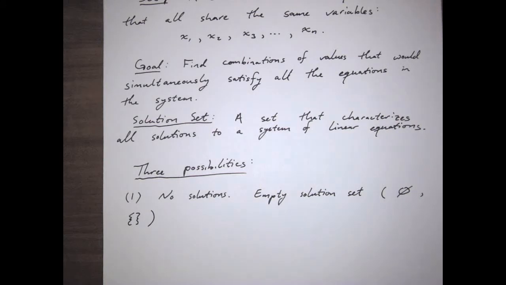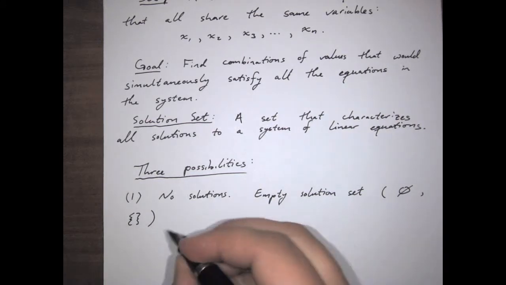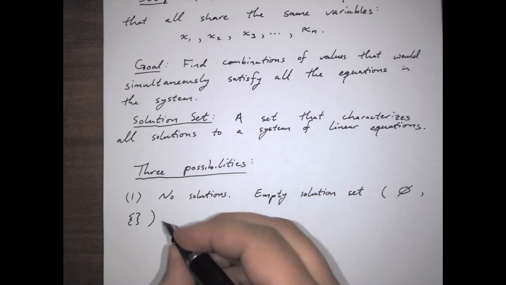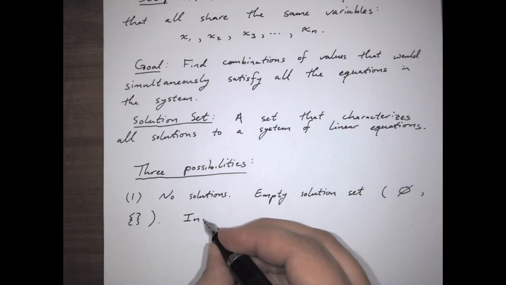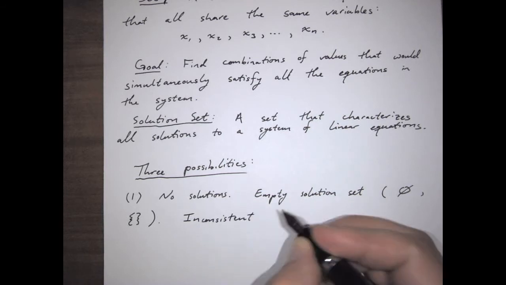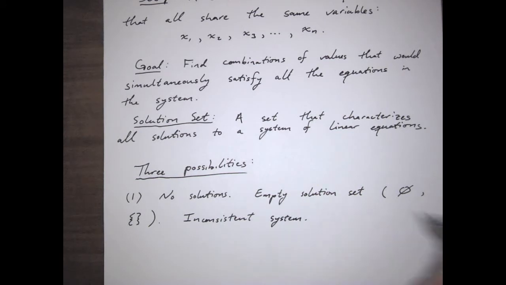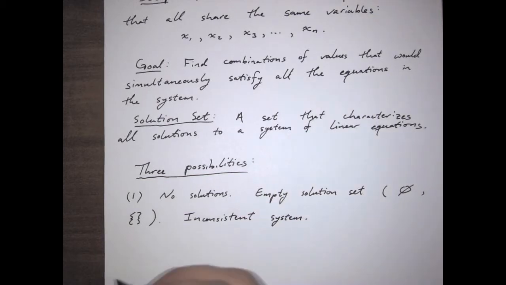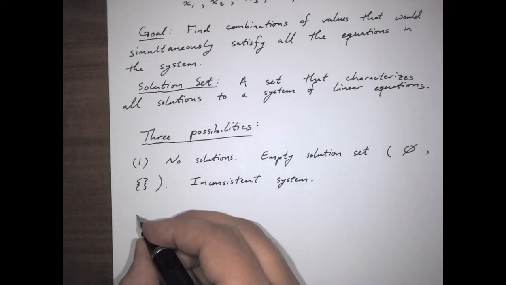So an empty solution set, which you can write this way or often this way. And another way to describe this is that it is an inconsistent system.